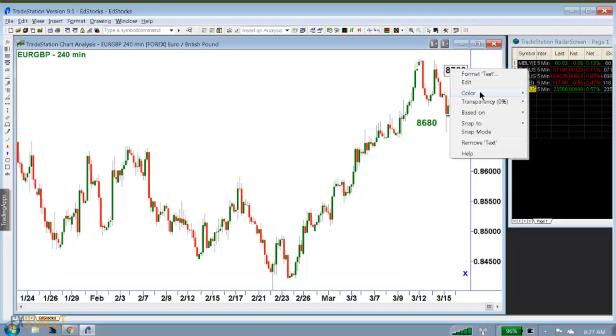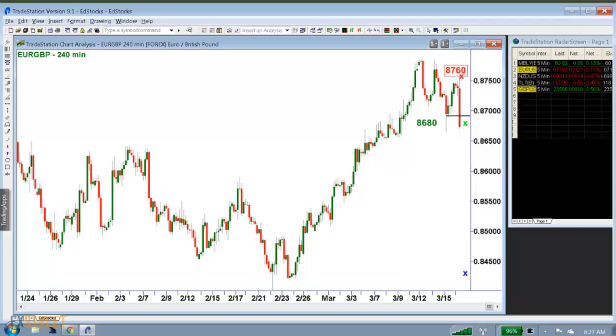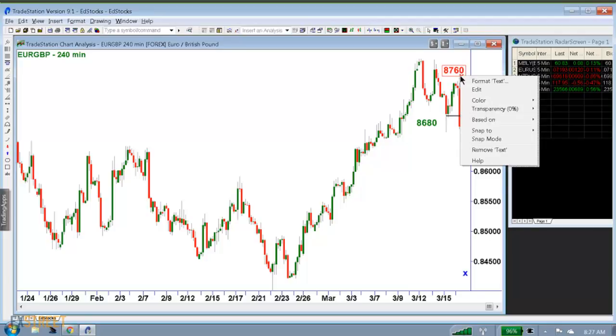Again, I don't make trade recommendations. I'm just drawing up strategies, just trying to demonstrate for you how I trade. What is the thought process?